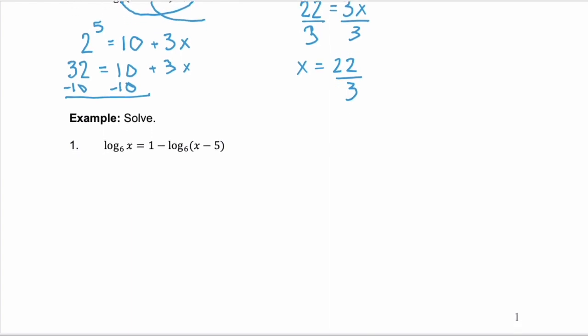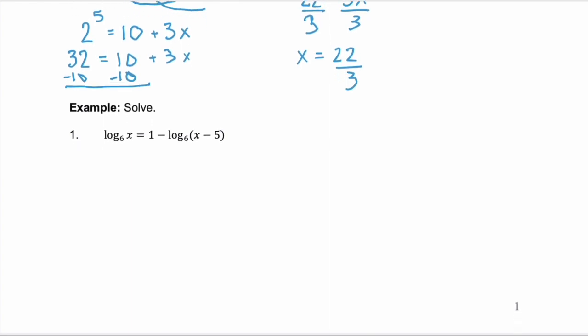How about this next example? Log base 6 of x equals 1 minus log base 6 of x minus 5. First thing you should notice is that both logs have the same base. So let's put them together on the same side. So let's add log base 6 of x minus 5 to both sides.